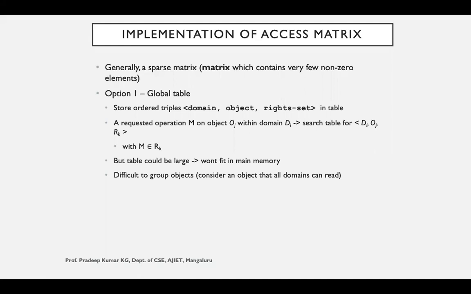So in the last discussion, we have seen the access matrix, how to represent the domain, how to represent the objects, and how to put the right set as a cell in that matrix. So in the access matrix, we represent the domains row-wise, the objects column-wise, and the cell is nothing but the right that we are going to set.